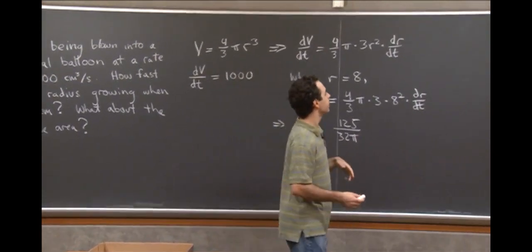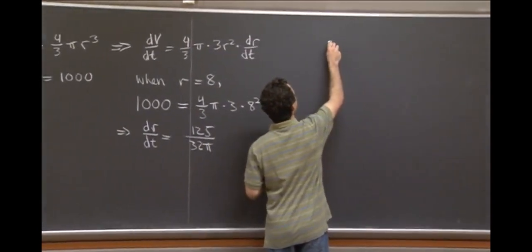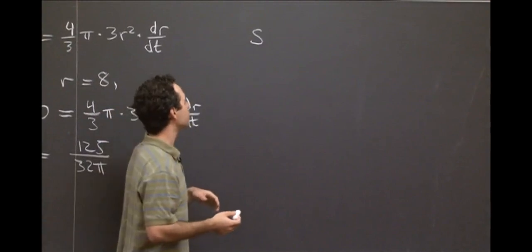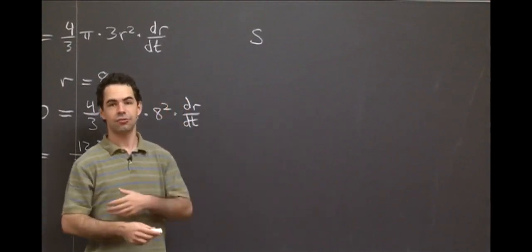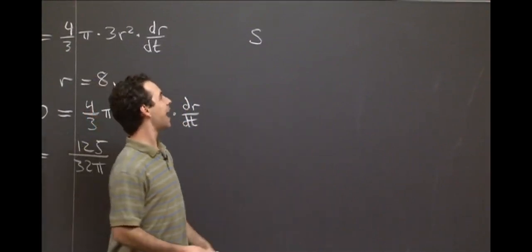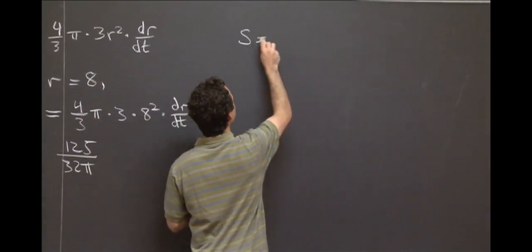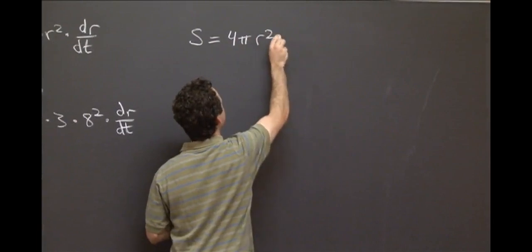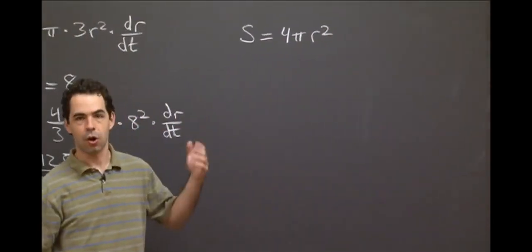So let's do that. I'm going to use the letter S to denote the surface area of a sphere. It's a general geometric fact that the surface area of a sphere is equal to 4 pi times the radius squared. And this is always true.